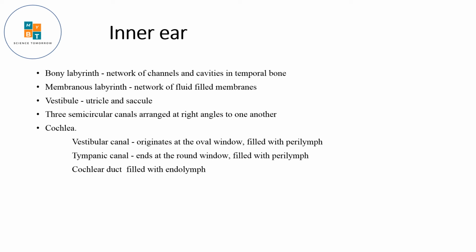This continuous tube, the upper and lower parts, is filled with perilymph, which also surrounds the semicircular canals and vestibule. The middle part, the cochlear duct, is filled with endolymph.